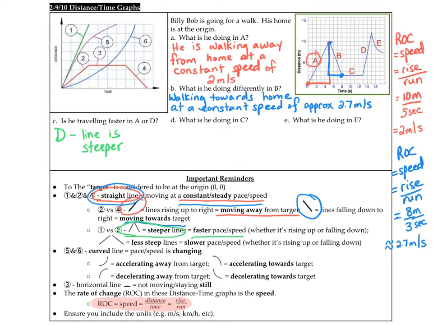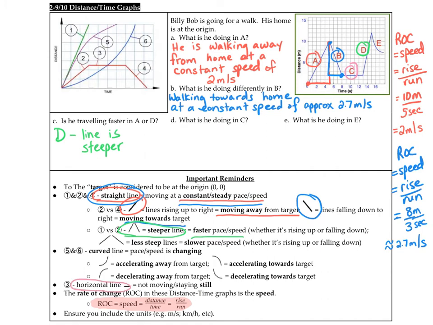The next question is, what is he doing in section C? I'm just going to circle this. So that was D, that was B. So now section C. In section C, it's a horizontal line. Number 3 says if it's a horizontal line, it means the person is not moving, they are standing still.